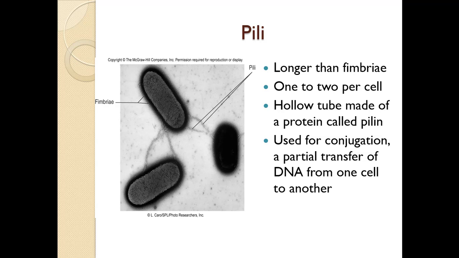Pili is another appendage that's on the bacterial cell. It's longer than fimbriae. There are only 1 to 2 per cell as opposed to many of them. They're made up of these hollow tubes of protein called pilin, and they are used for the partial transfer of DNA from one cell to another.